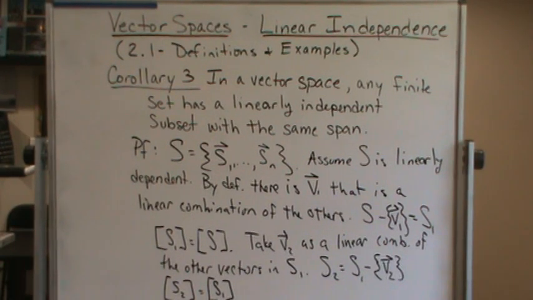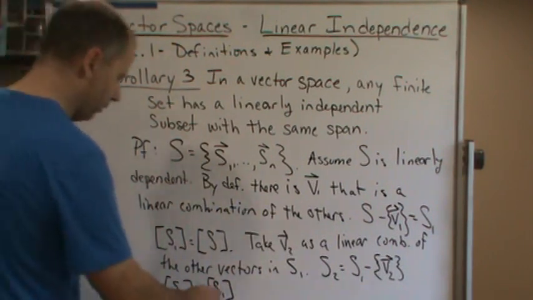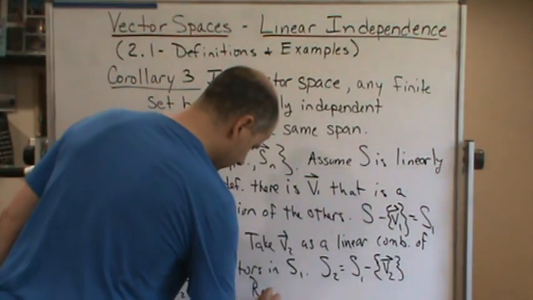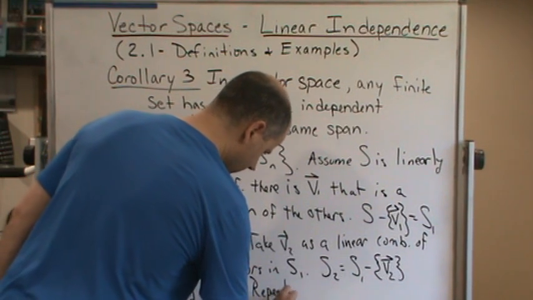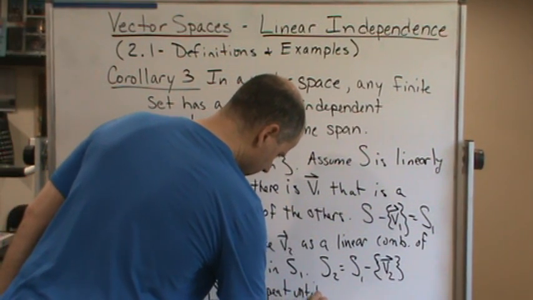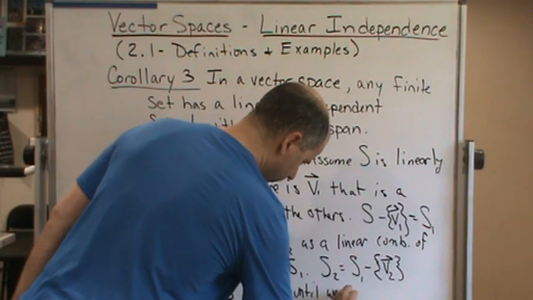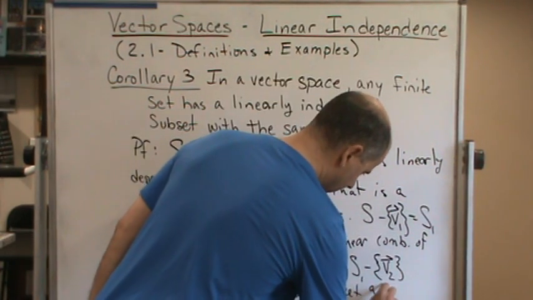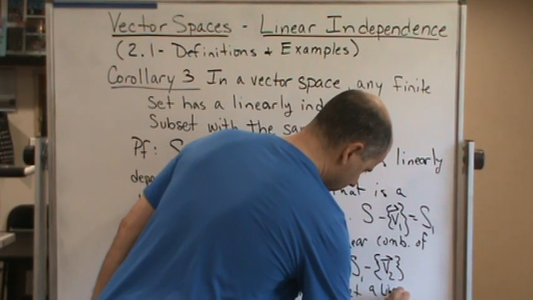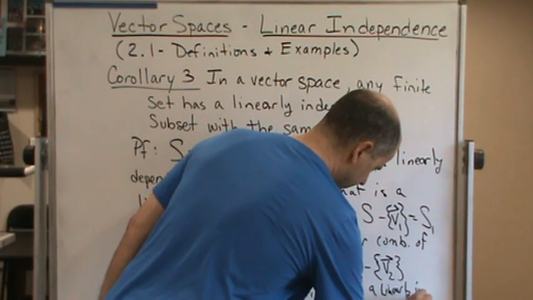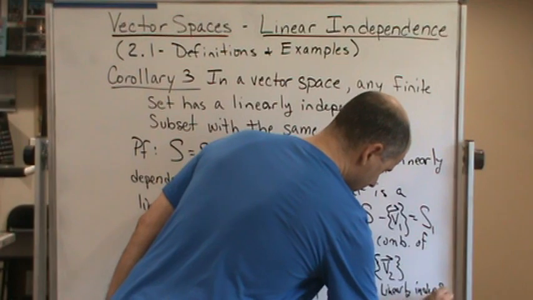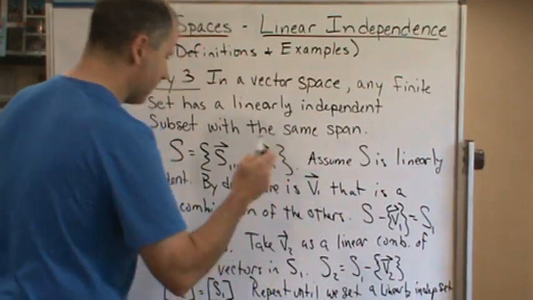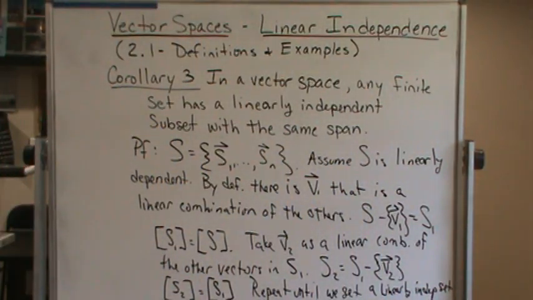And then we're going to repeat this until we get a linearly independent set, which we'll call S sub j.